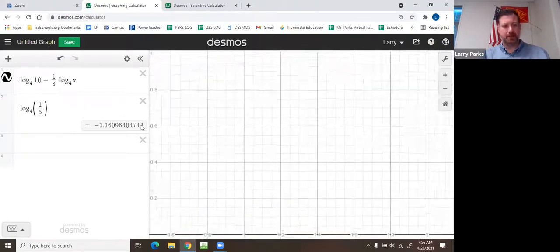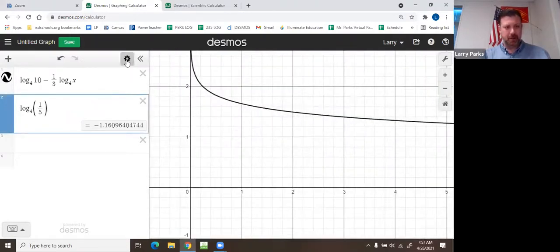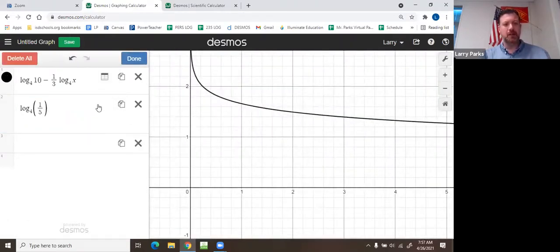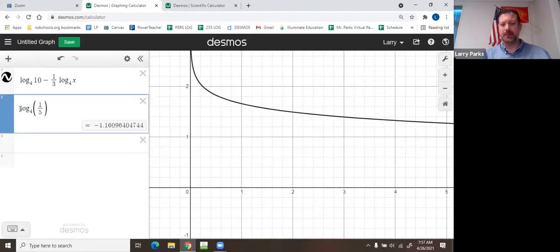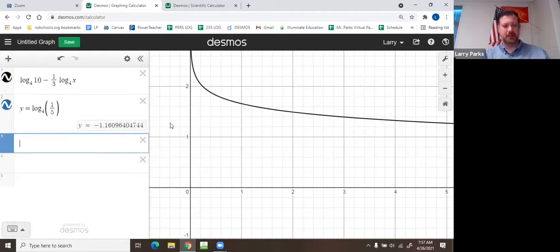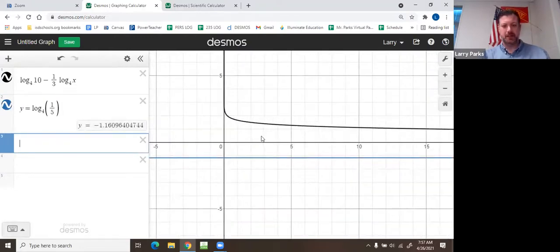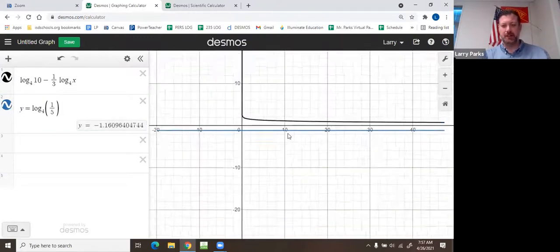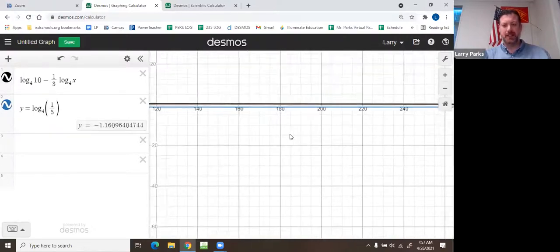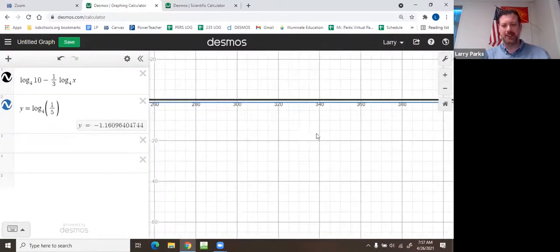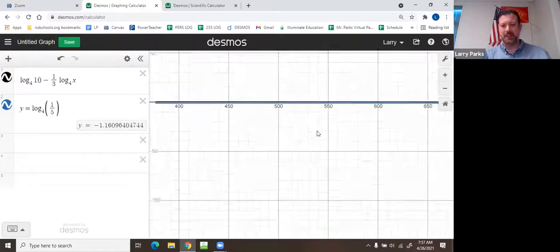I don't even see it. Oh, that's because it's just a number. I have to put y equals. There we go. There it is. Again, logs are kind of hard because they get closer and closer and you gotta drag and look.